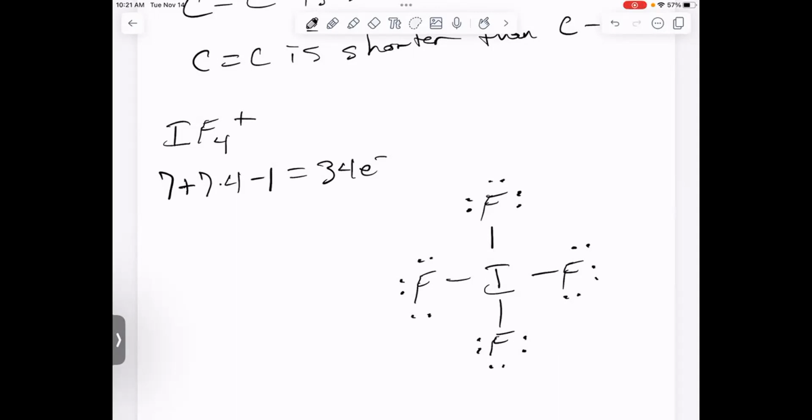And how many electrons is that going to use to that point? That should be 32. If I started with 34, that means I have 2 electrons left. So what happens to those? Anytime I have leftover electrons, they're always going to be a lone pair on the central atom. They'll never do anything different. So, a lone pair on the iodine.